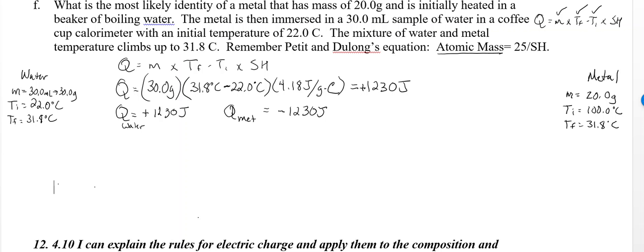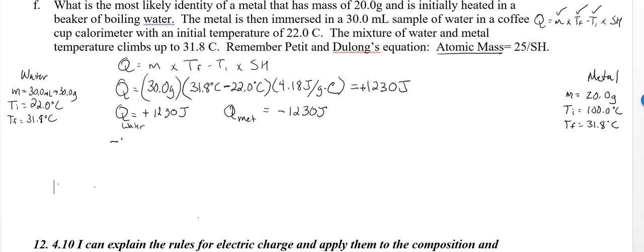Okay, remember what our dilemma was for finding the specific heat of the metal. We had mass, we had change in temperature, we did not have Q. Do we have Q now? Ooh, all right.